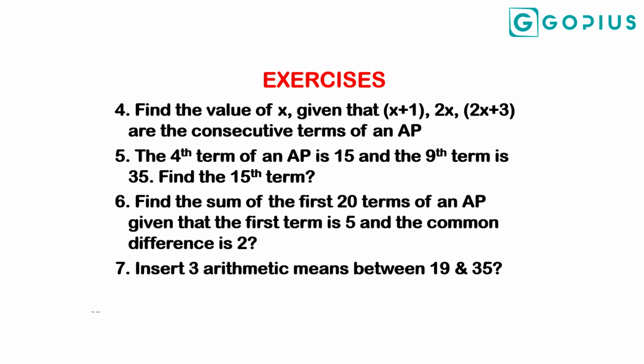Alright, now if you look at the fourth question, we are asked to find the value for x given that x plus 1, 2x and 2x plus 3 are the consecutive terms of an AP. Our first term there is x plus 1, second term is 2x, and third term is 2x plus 3.